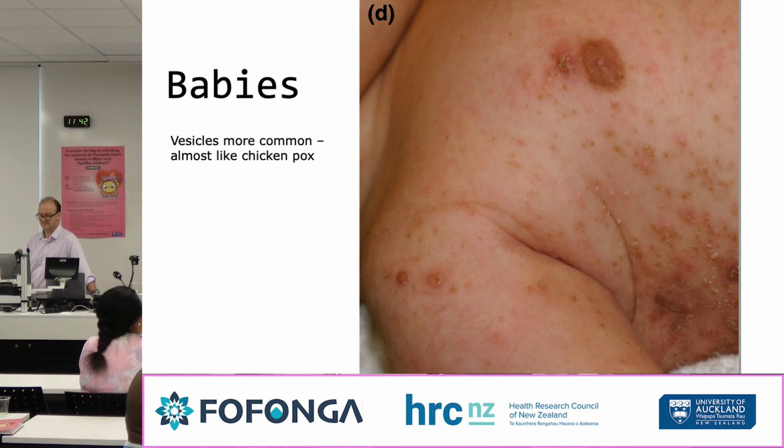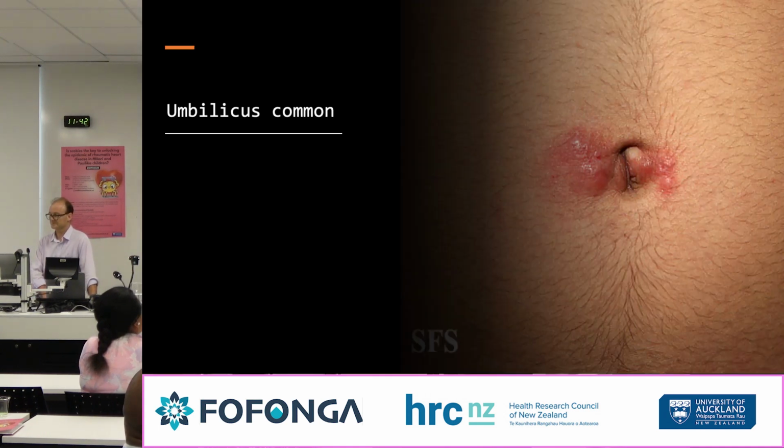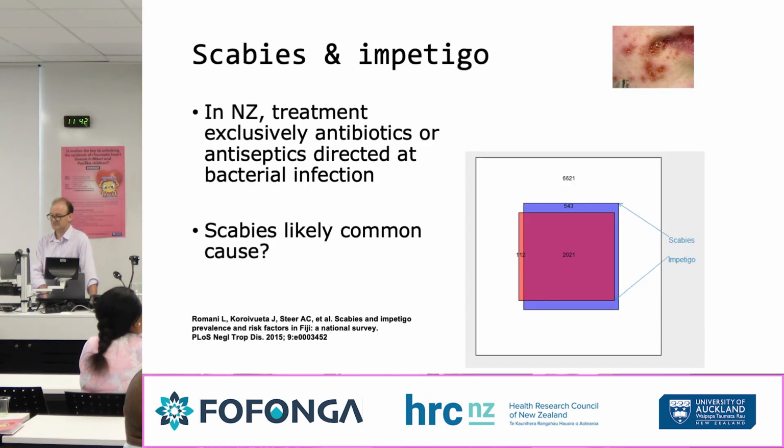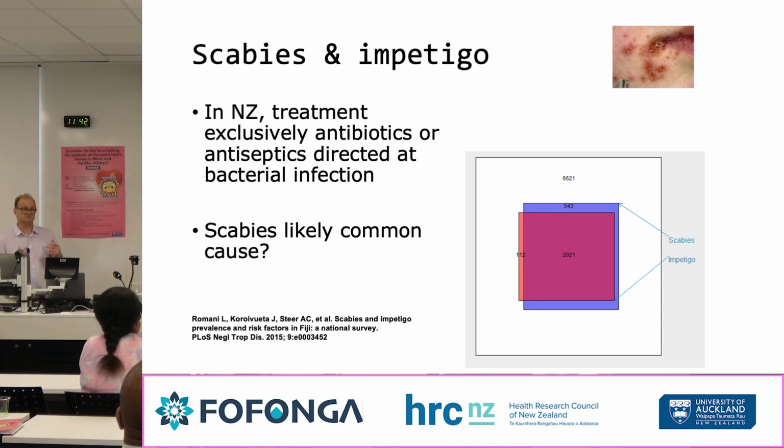This is scabies in an infant, a more vesicular kind of form. So here's just a few more photos. Scabies and impetigo are very strongly associated in the Pacific.